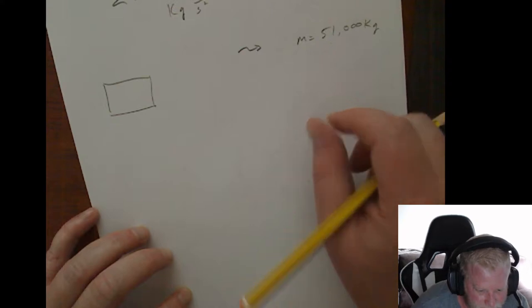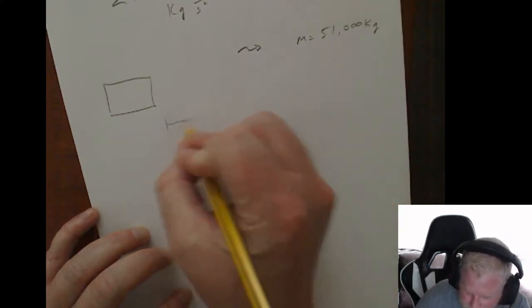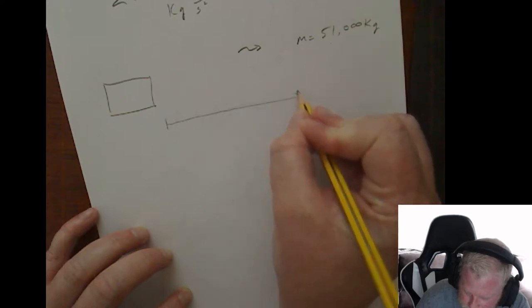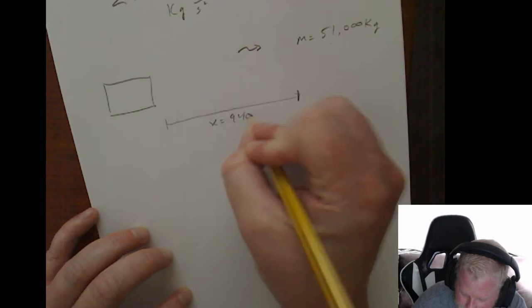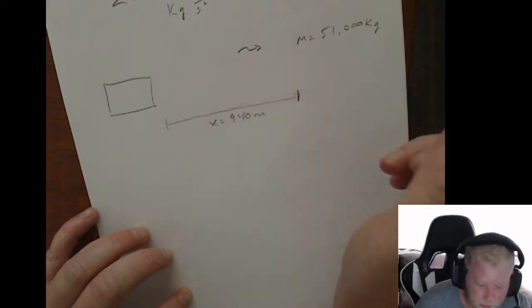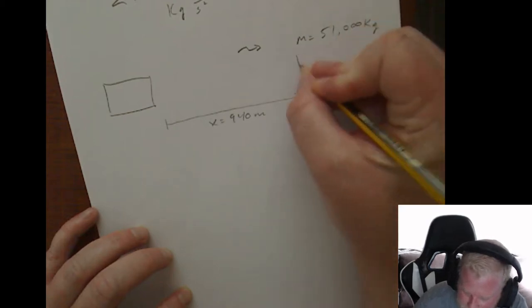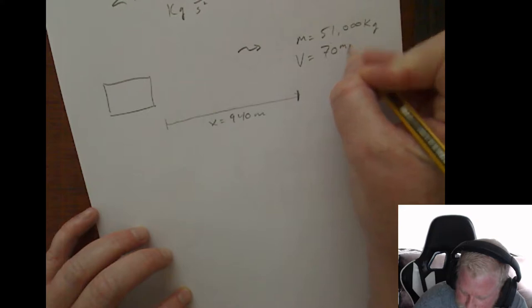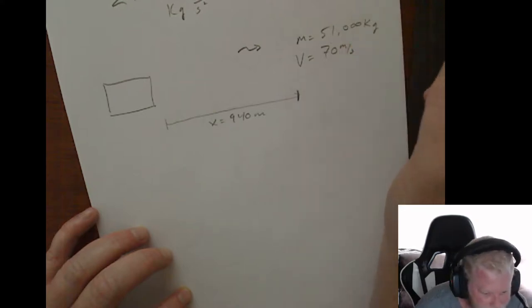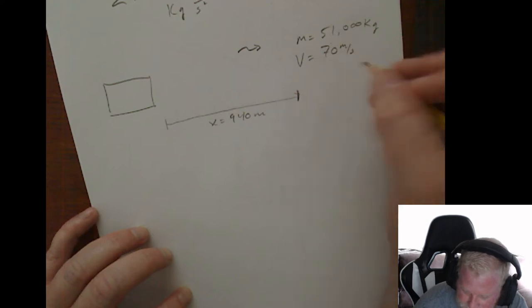We are given that it travels a distance of 940 meters, so we'll put x equals 940. We are also given that its takeoff speed, so its final velocity, is 70 meters per second. And we want to know the thrust of each engine.